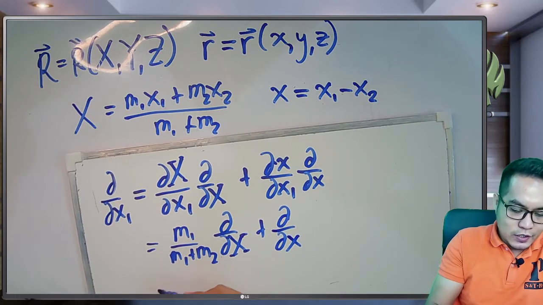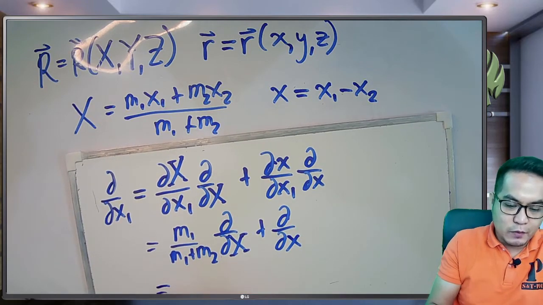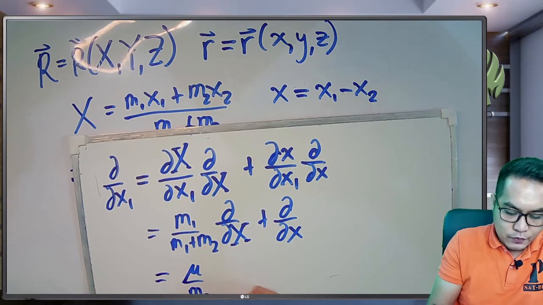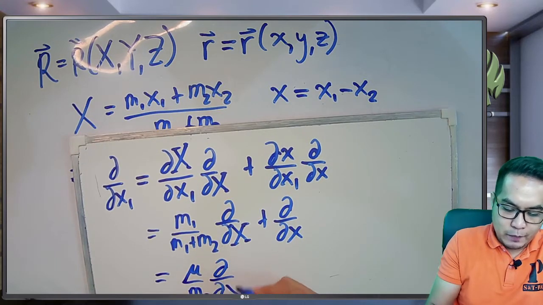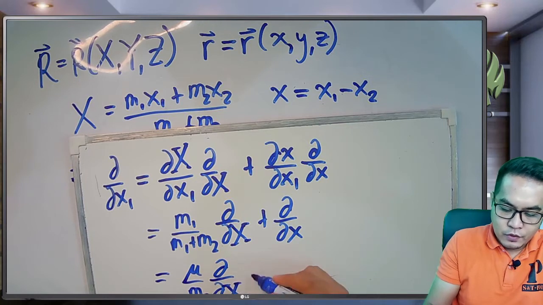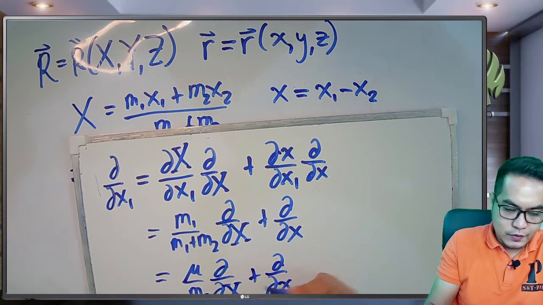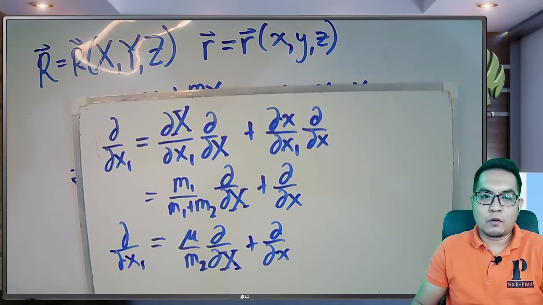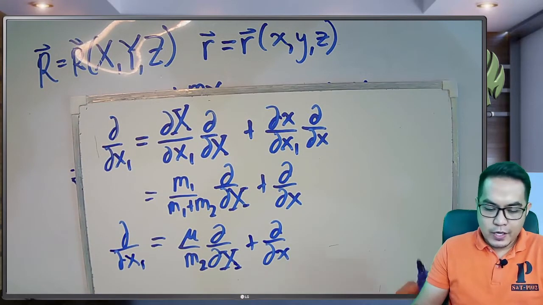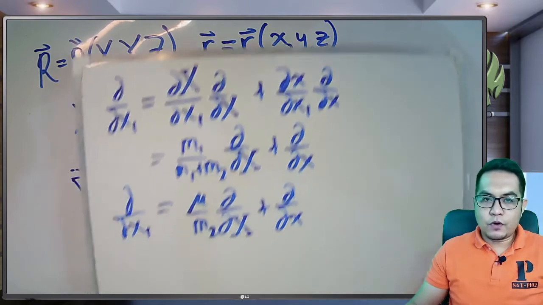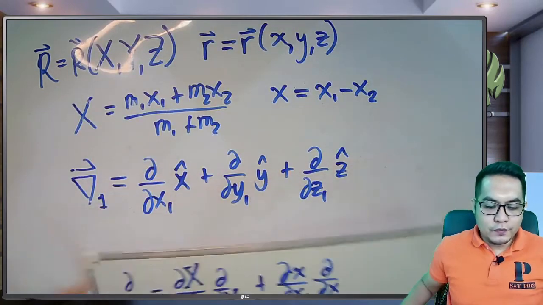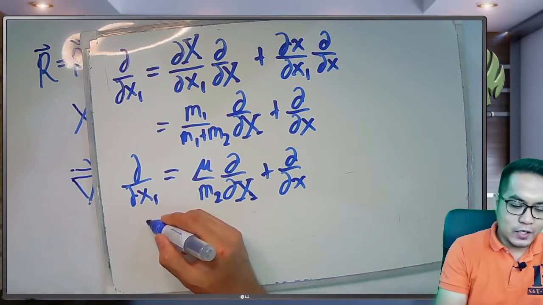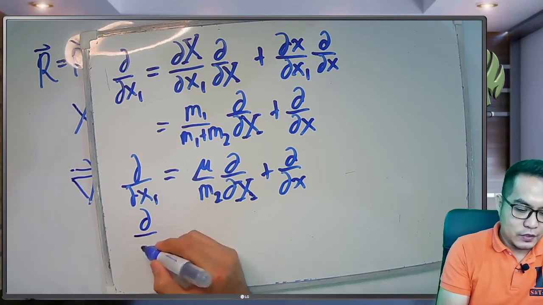This is just basically the reduced mass divided by m2. So mu over m2, partial with respect to capital X, plus partial with respect to x. This is partial with respect to x1. Now, if you do the same for partial with respect to y1 and partial with respect to z1, you will get similar results.